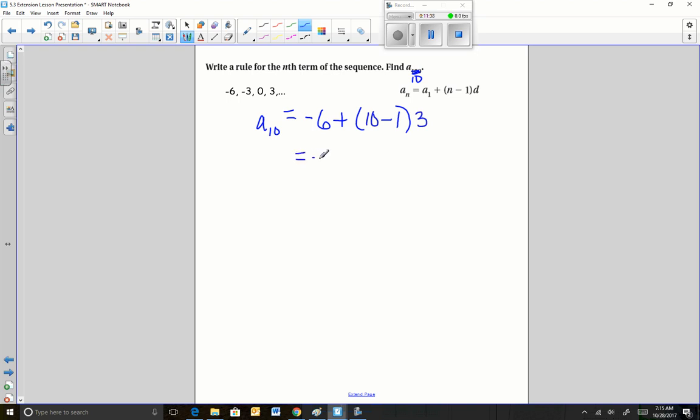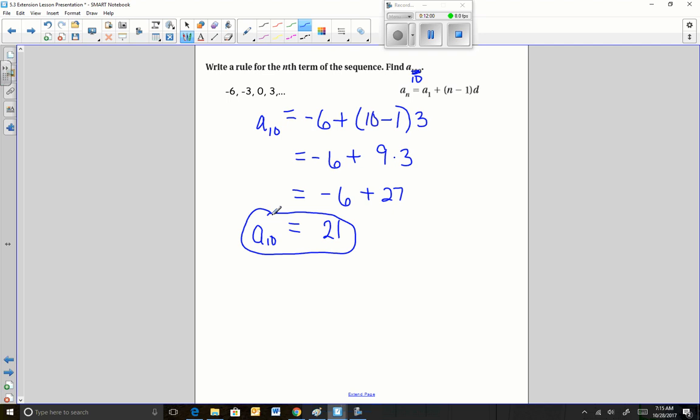So we continue, we get negative 6 plus 10 minus 1 is a 9, so 9 times 3, we still have negative 6 plus 9 times 3 is 27, okay, negative 6 and 27, that is going to be a 21, and this is the 10th term. There we go, 10th term, that's what you should have had.